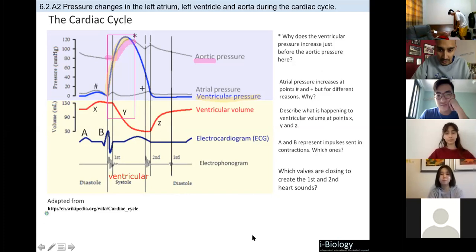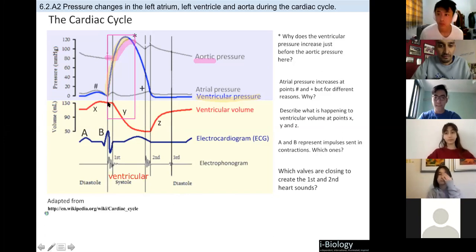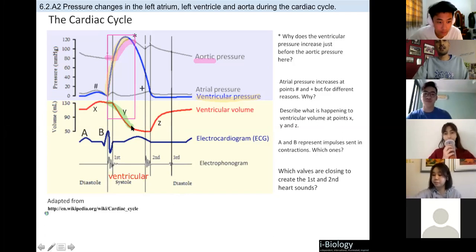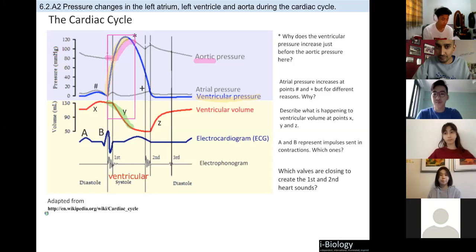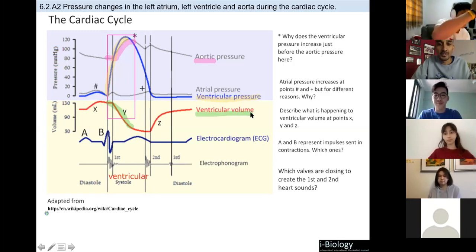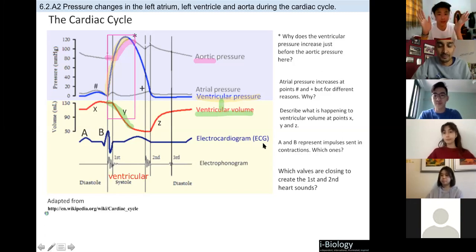Okay, let's try. Why does, and this is a little bit tricky, let's just do the ventricular volume first. Why does ventricular volume take a huge dive here? I basically just told you. Because of the ventricular systole. And so what's the relationship between these two? Because the heart is squeezing.